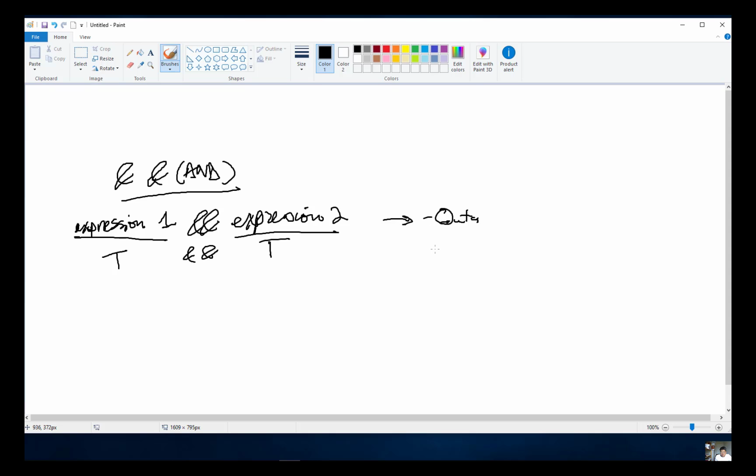And this outcome is going to be true. If my first expression is true, my second expression is false, this outcome would be false.